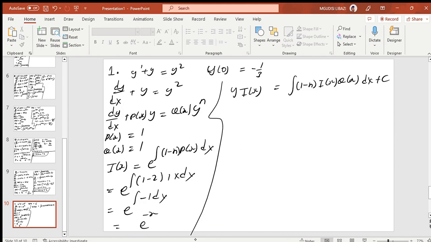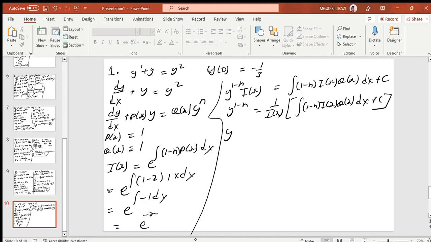When we make y raised to 1 minus n the subject of the formula, we get y raised to 1 minus n equal to 1 over I of x times the integral of 1 minus n times I of x multiplied by q of x dx plus c.